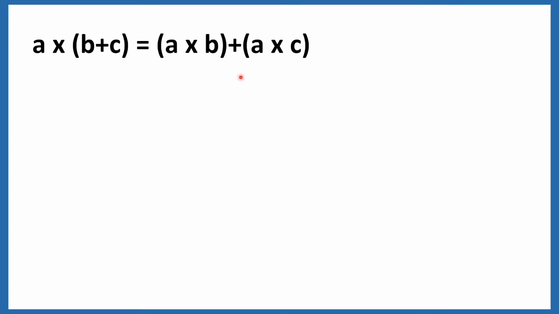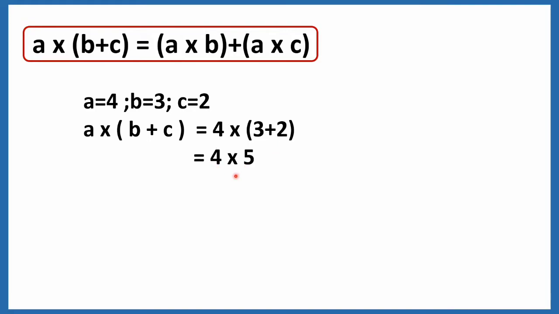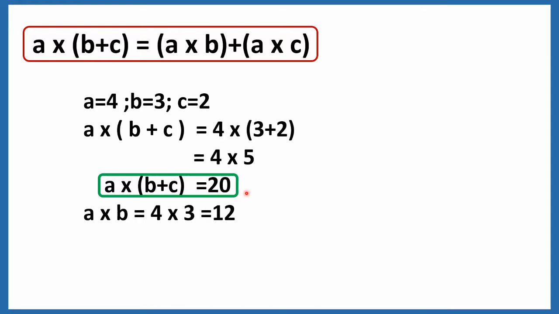See here, let us take any three numbers for A, B, C. Left hand side, A into B plus C equal to, substitute the values. You know the BODMAS rule very well. So first we need to simplify this, 3 plus 2 is 5, 4 5s are 20. See the right hand side, A into B, 4 3s are 12.